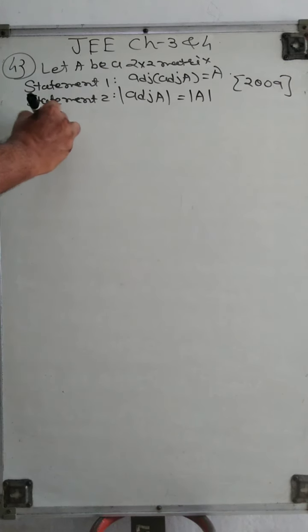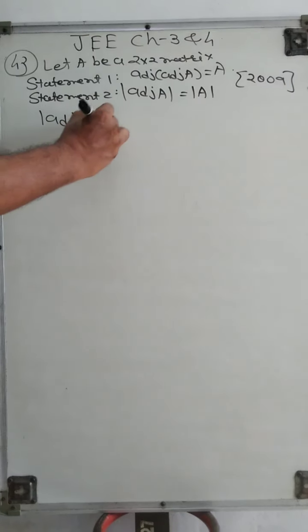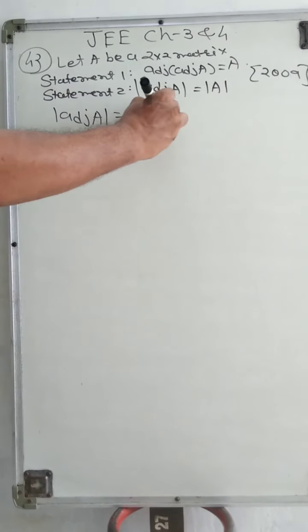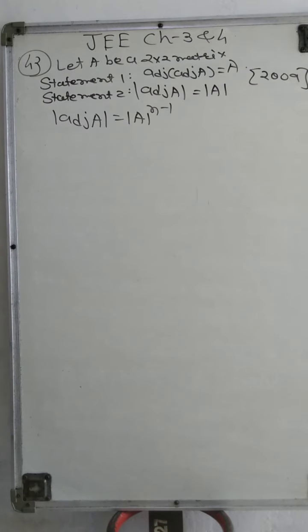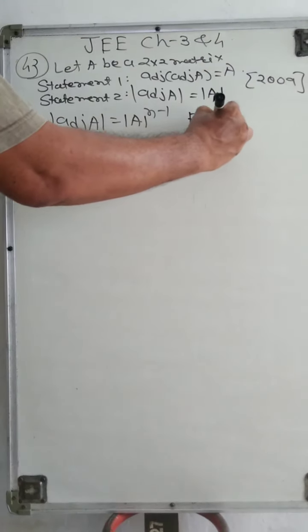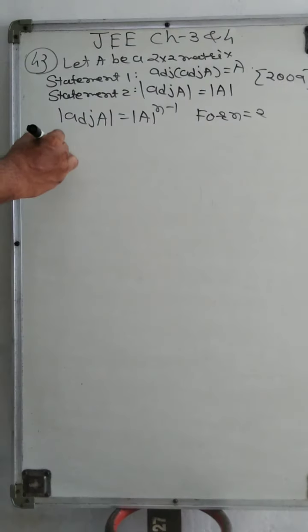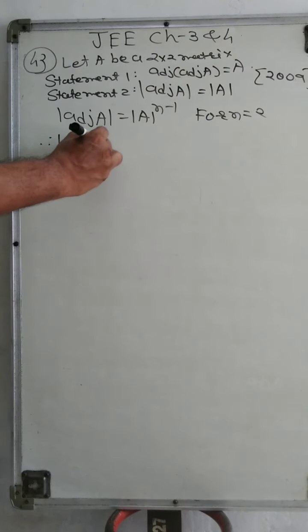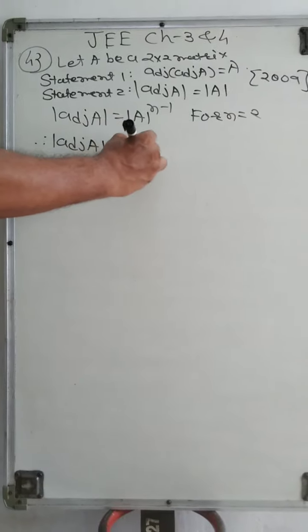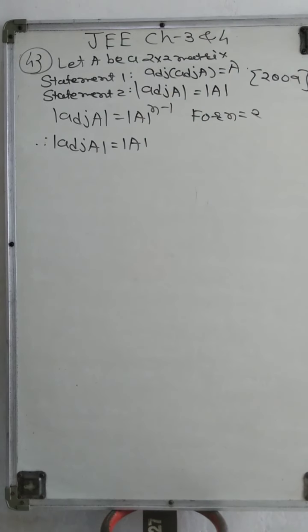Now we know that determinant of adjoint of A is equal to determinant of A raised to n minus 1. And for n equal to 2, we get determinant of adjoint of A is equal to determinant of A. Here we put 2, right?